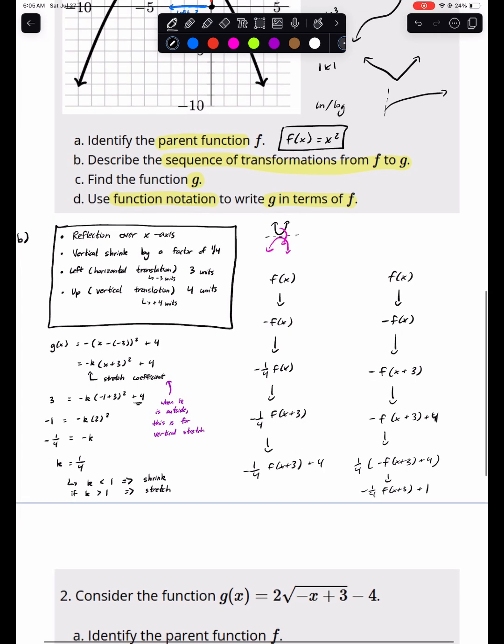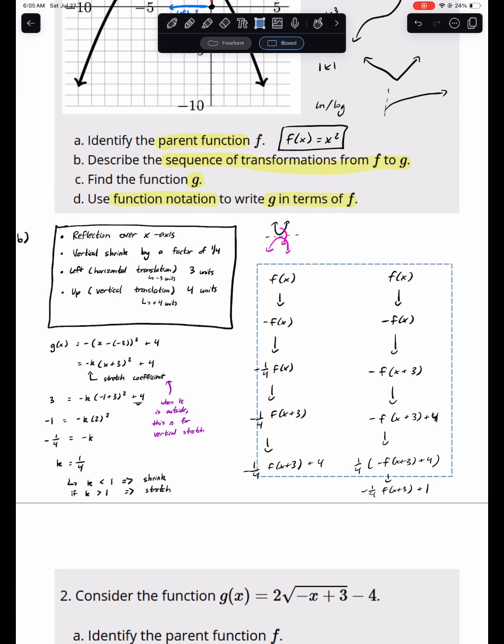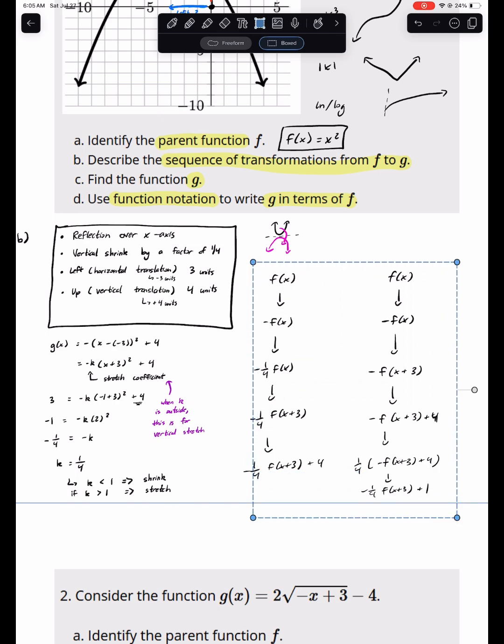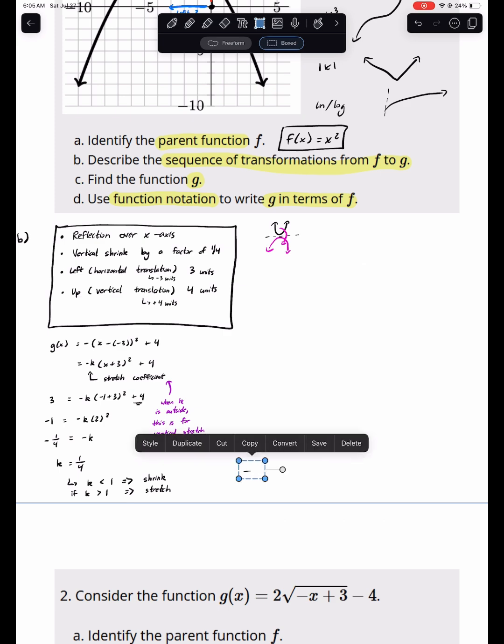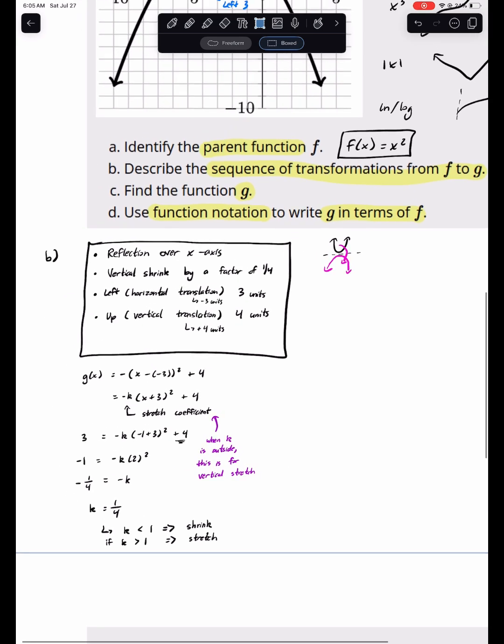This is why the order does matter. Shrink and reflection don't really care too much, but this is the order I write in.